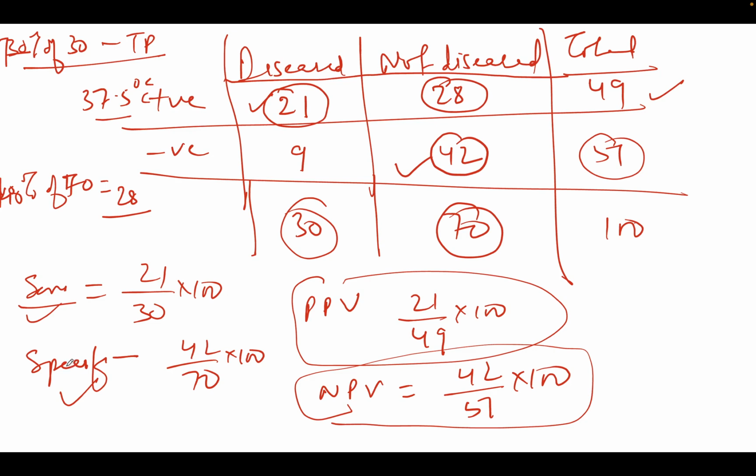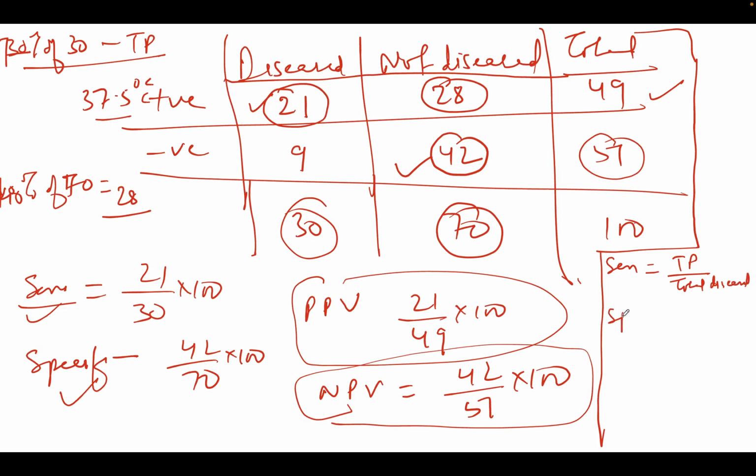So the only catch here, if I can summarize in a small part: sensitivity is true positive out of total diseased. Please remember, total diseased. Specificity is true negative out of total not disease.